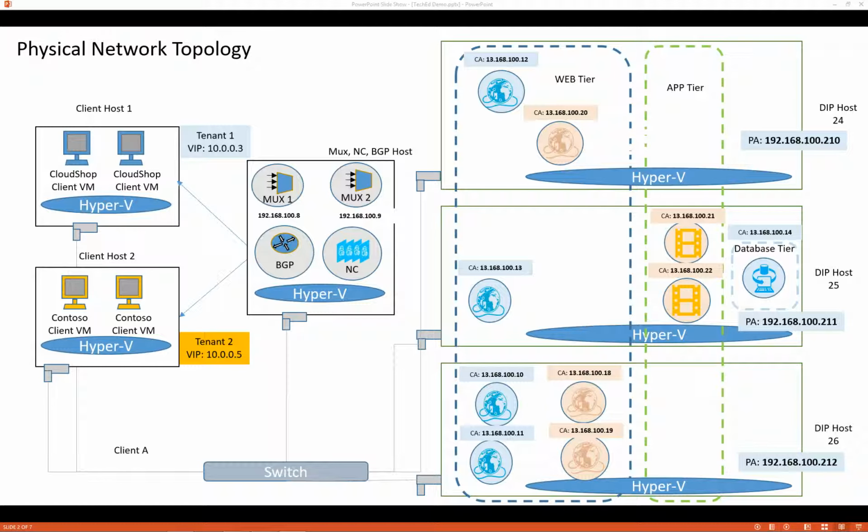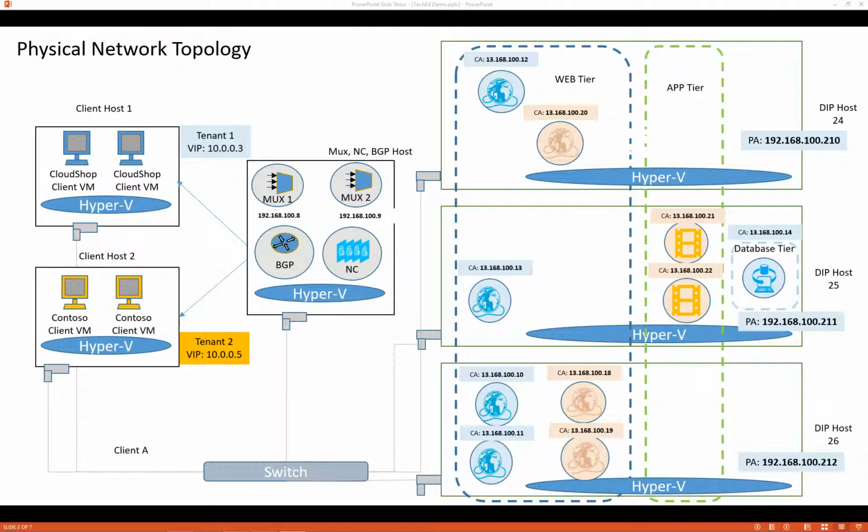The three physical hosts that you see on the right-hand side of this screen host the tenant VMs themselves. The first four in this column here represent the IIS web front-end servers of CloudShop's network. The next three IIS web server VMs here represent Contoso's front-end web application.